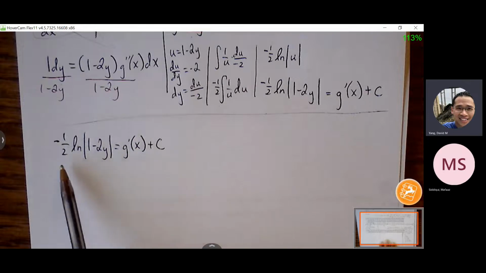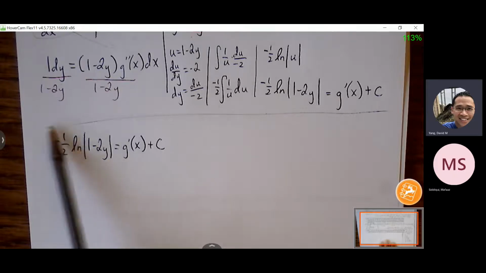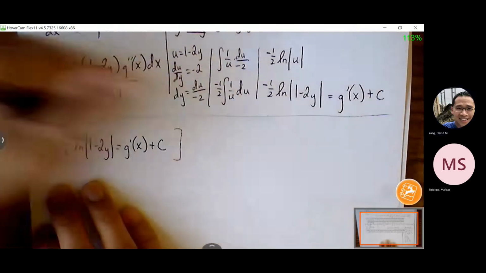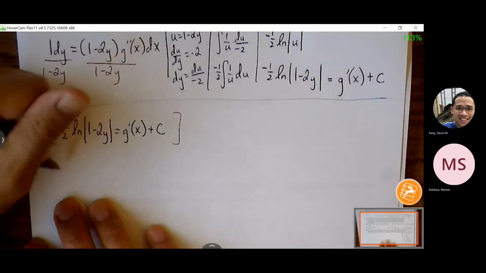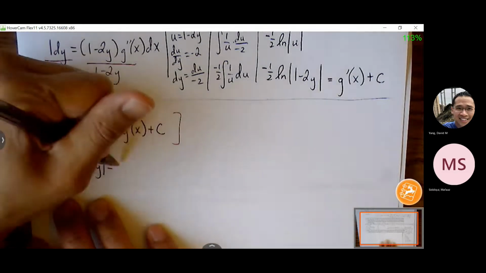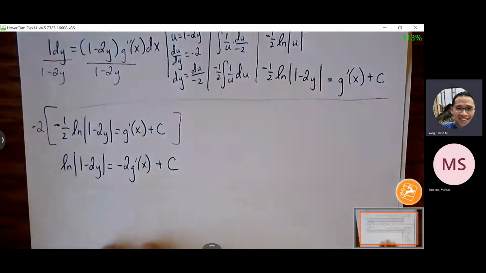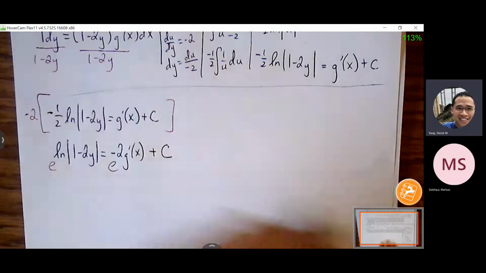I find that it's easier if I can get this. I want to involve base e with natural log eventually, but this -1/2 is kind of getting in the way. I'm going to move that -1/2 to the other side, so multiply everything through by -2. All right, e exponentiate both sides.